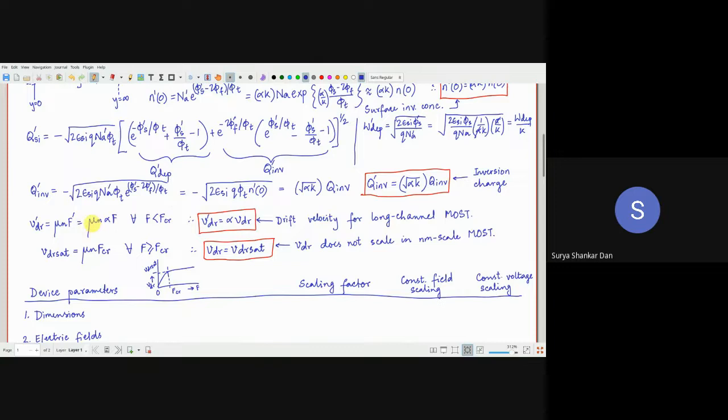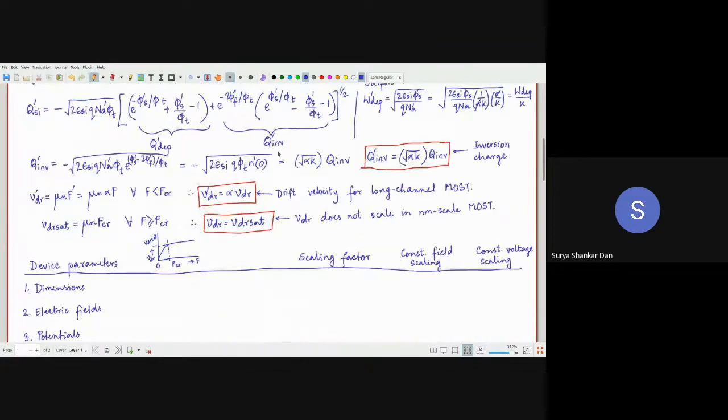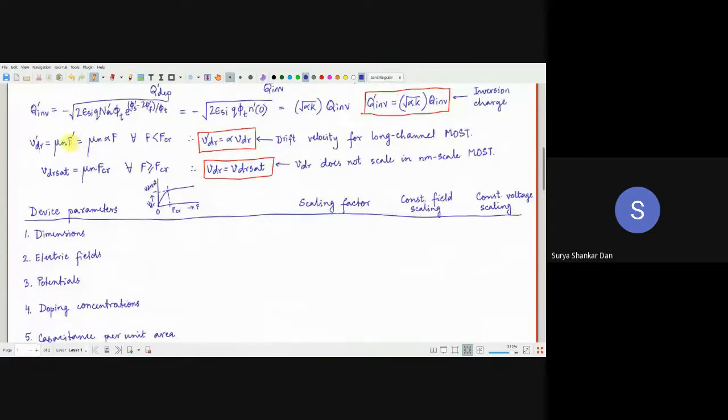So what was the scaling factor of f dash? Alpha into f. Correct? That was the basic premise of the generalized scaling theory. So f dash is equal to alpha into f. So that means the drift velocity in a scaled device is equal to alpha into the drift velocity of an unscaled device.